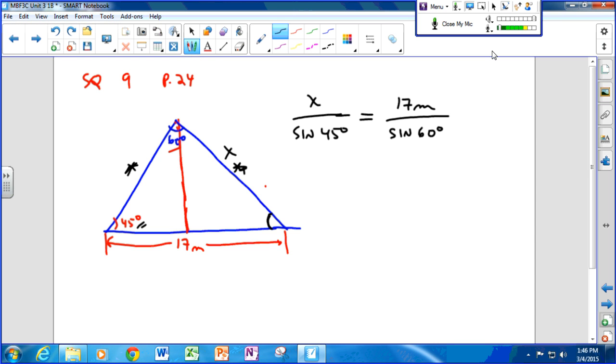We were able to tell that that is 45 degrees over here, but we don't need it. Okay, now we can solve for x. So x equals sine 45 degrees times 17 meters divided by sine 60 degrees.